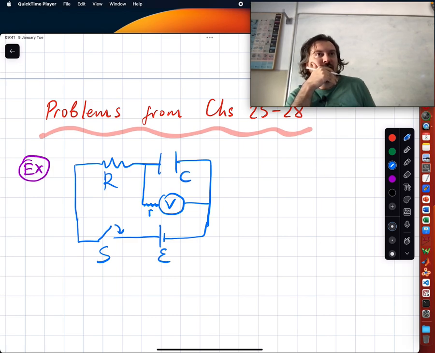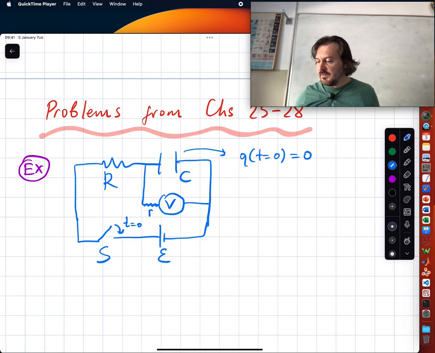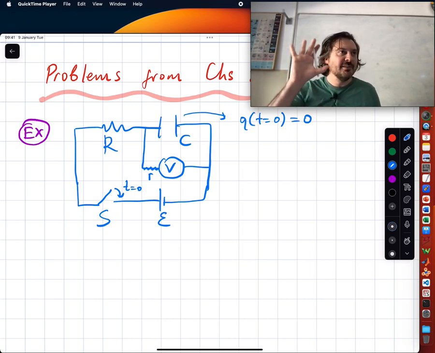Any ideas? Did you follow the question? So at t equals 0, we close the switch, and Q at t equals 0 is 0. So what is the voltage at t equals 0? 0. Very easy, 5 points.